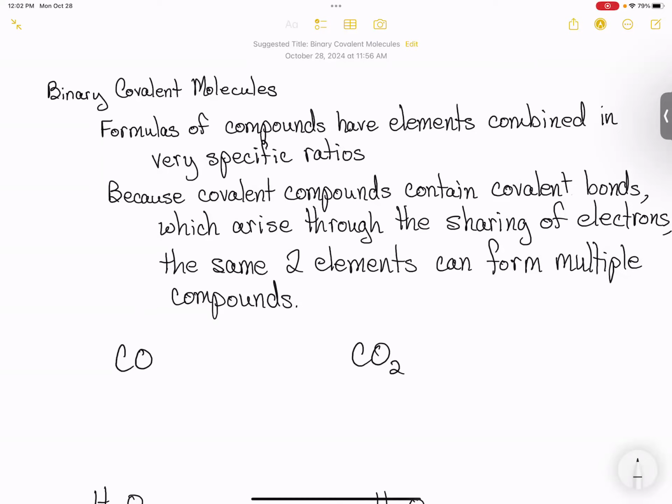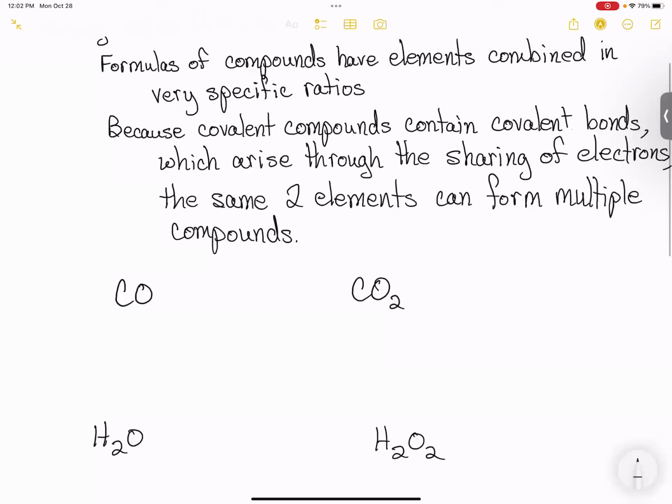Another one, hydrogen and oxygen can combine in at least 2 different ways. One of these is essential to life. The other one is an aging agent. The one we want is water, which we've already learned to name.